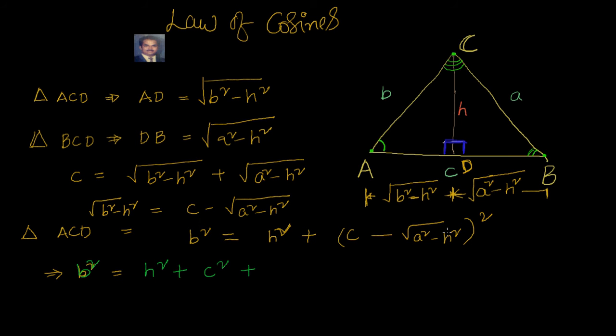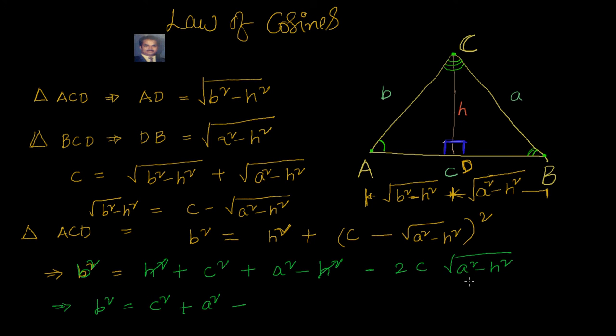The square root will go, so this becomes a square minus h square minus 2ab, nothing but minus 2 into c into the square root of a square minus h square. h square cancels. So what are we left with? b square equals c square plus a square minus 2c into the square root of a square minus h square.